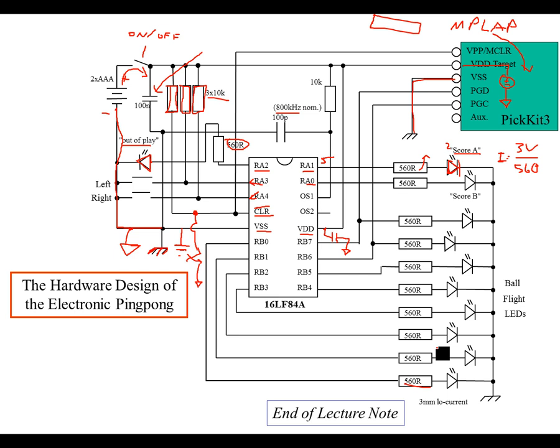Now the final thing we need to set up is to get our software code, our assembly file, the .asm file, which we will talk about next chapter, into the inside of our chip. The way we do that is we have a programming clock and a programming data pin.